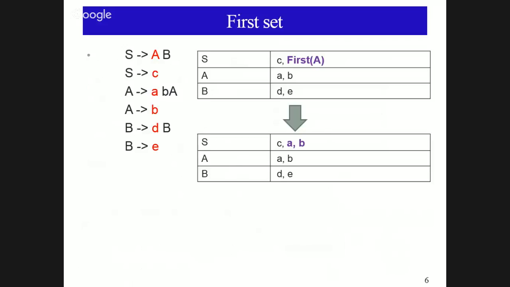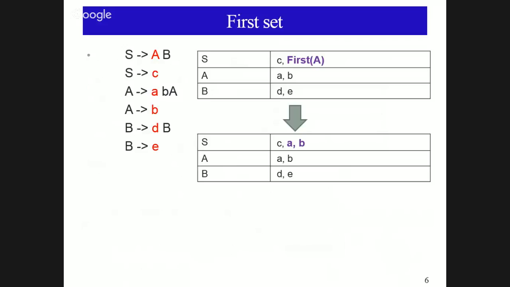Then if I have more rules than first set tokens, most likely I'm going to need to left factor. So I have 2 rules for B, 2 first set tokens. 2 rules for A, 2 first set tokens. 2 rules for S, 3 first set tokens.